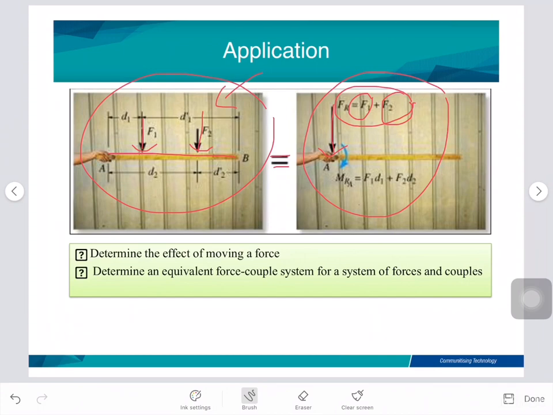And then we also have the moment resultant. The moment resultant is equal to the summation of the moments of all the forces about point A. So we have F1 times D1 and F2 times D2, so the moment resultant is F1 D1 plus F2 D2.